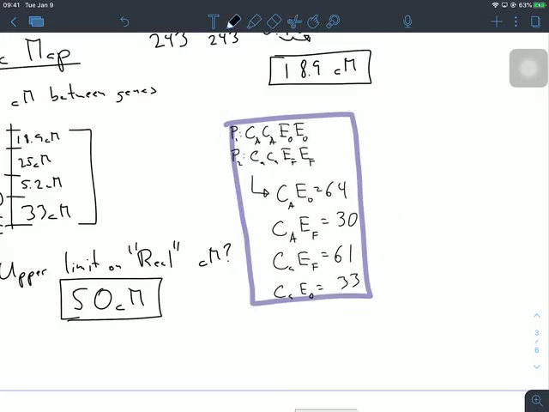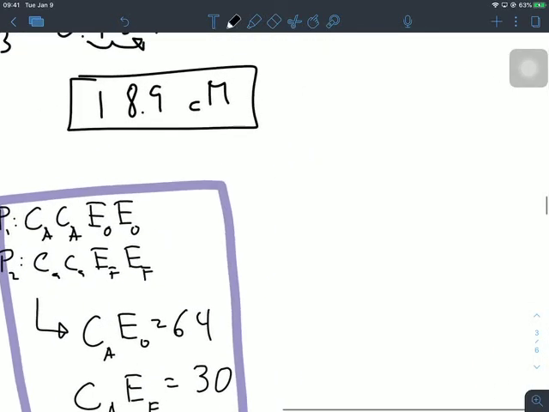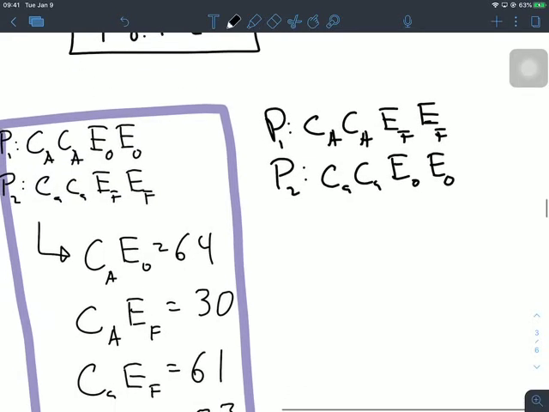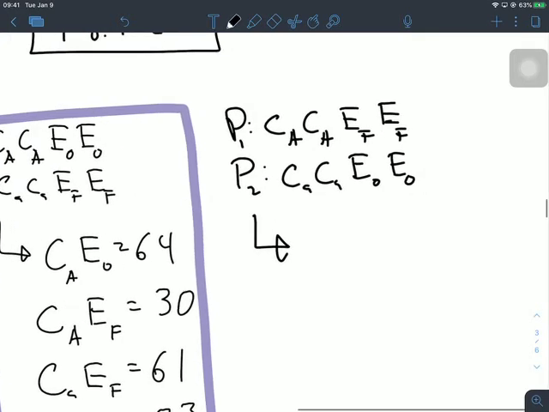For a second problem, you now have the different parents in that it's CA, CA, EF, EF for parent 1, and parent 2 is going to be C lowercase a, EO, EO. Here, you do the sperm counts for your 4 different sperms. Let's write them out.